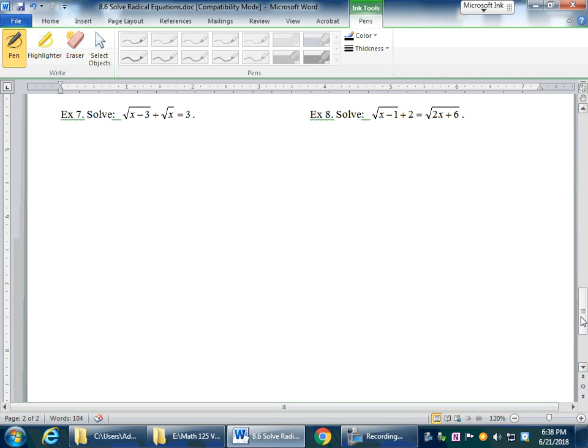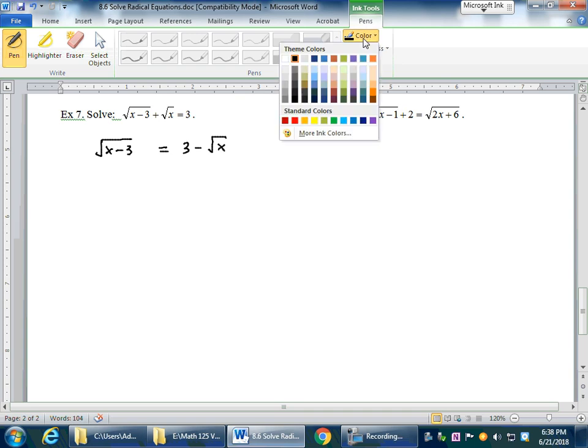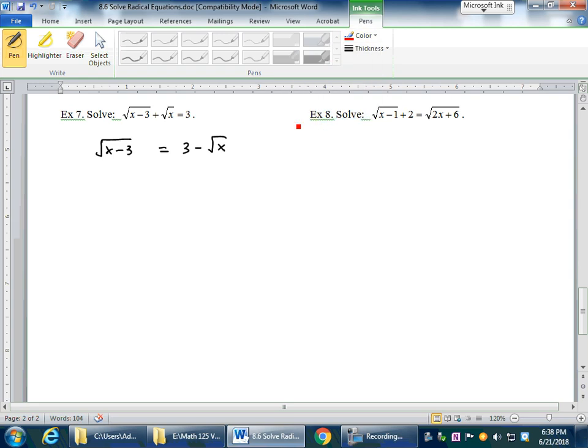So that means for square root of x minus 3, I will subtract square root of x from both sides. That will become 3 minus square root of x. It doesn't really matter which radical term you isolate. Now the next step is raising the power the same as the index. Since this is a square root, I raise to the power 2.